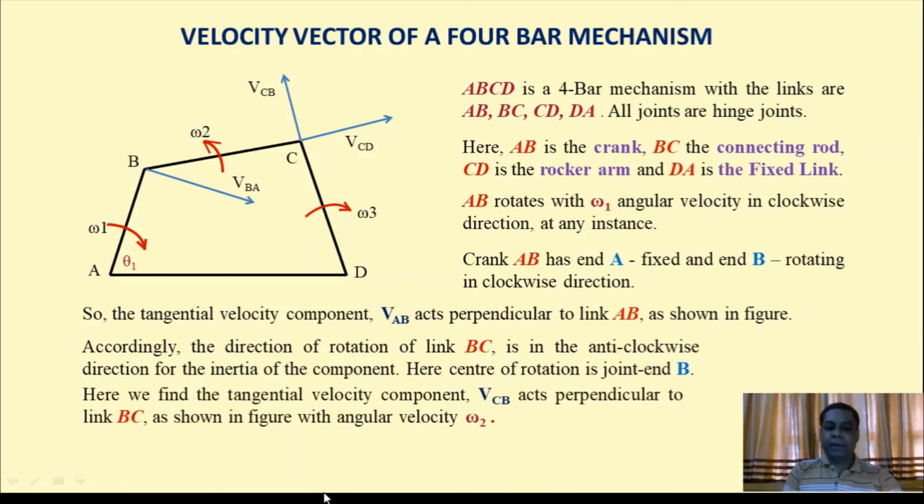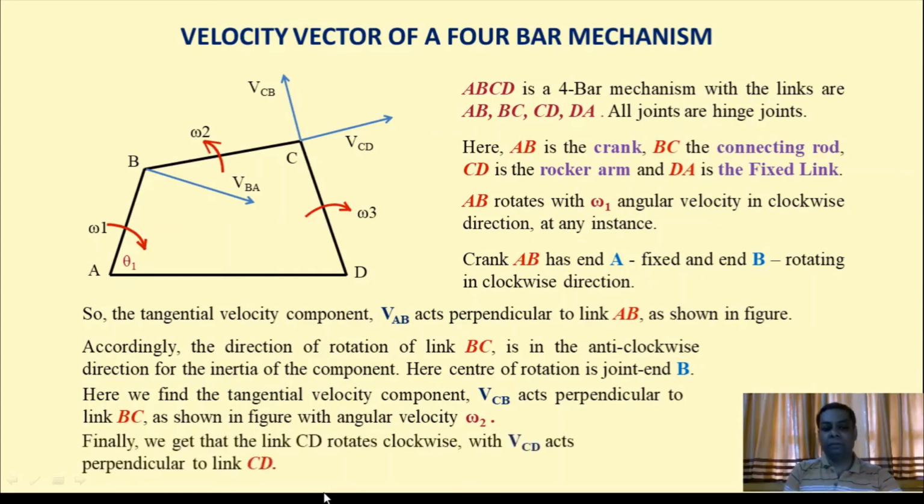Now we find that the tangential velocity component VCB acts perpendicular to the link BC as shown in the figure, with angular velocity omega 2. Finally, link CD rotates in the clockwise direction with VCD acting perpendicular to link CD, and obviously the angular velocity omega 3 that we have to consider.